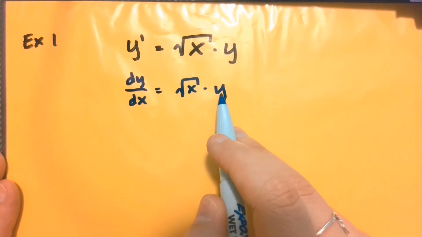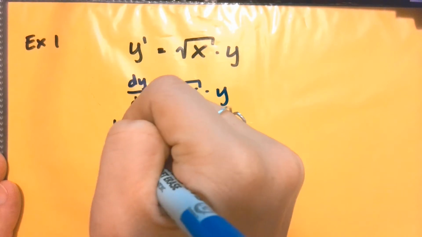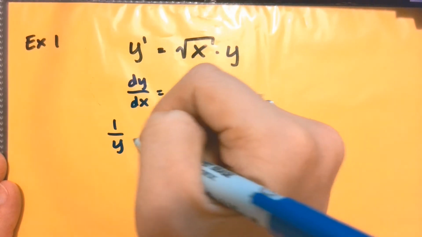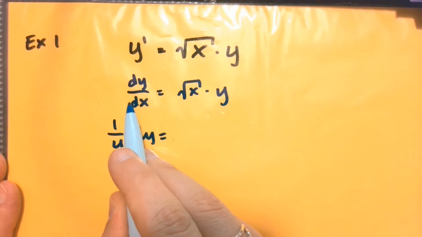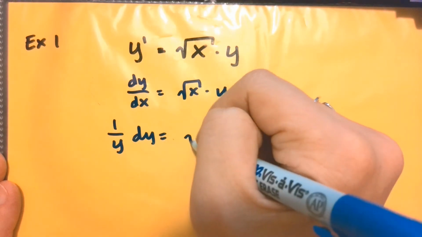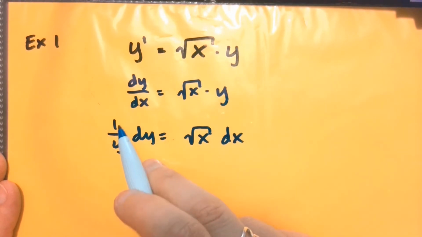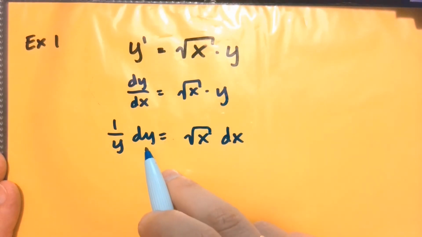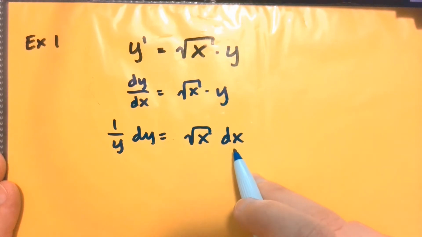So I'm going to divide both sides by y so that my y is on the left side. So if I divided, I'm going to have 1 over y. At the same time, I'm going to go ahead and multiply my dx to the other side, so that on the left side, I've got 1 over y with respect to y, and on the right, radical x with respect to x.